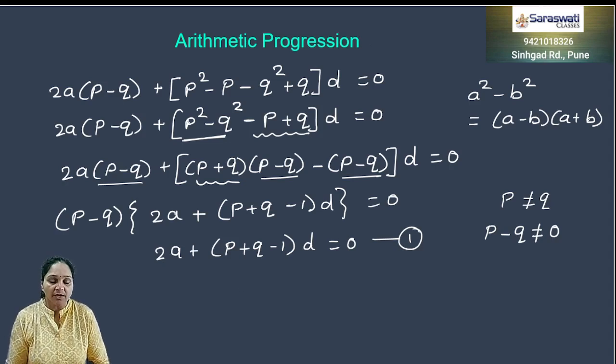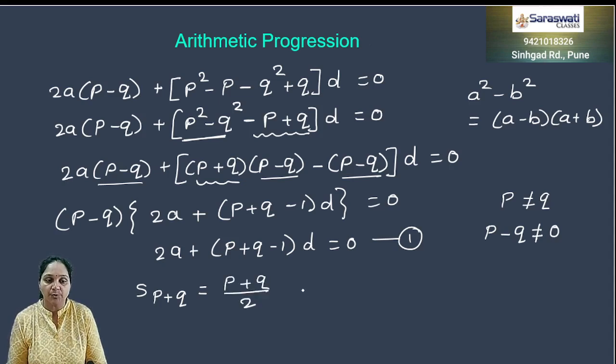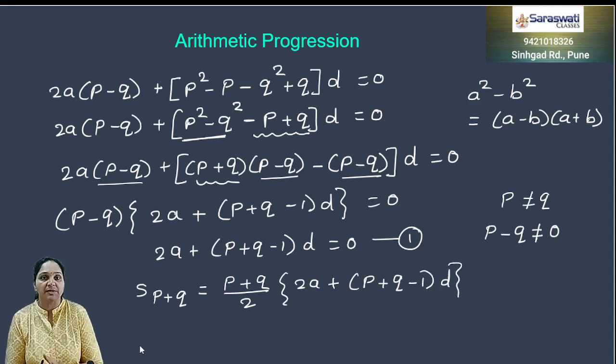Now we have to prove SP plus Q, that is the sum of P plus Q terms, is 0. So consider SP plus Q. Apply the formula for Sn here. So P plus Q upon 2 into bracket 2A plus P plus Q minus 1 into D. This is the formula for SP plus Q, that is the sum of P plus Q terms.